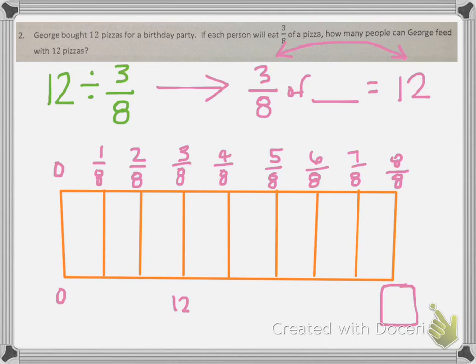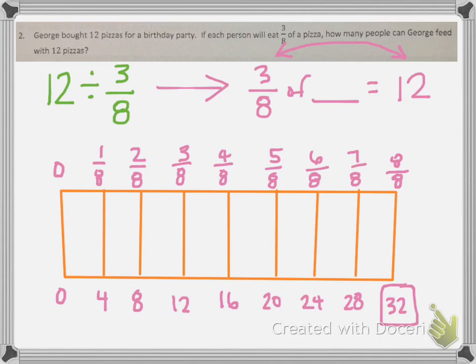So maybe this is 4 and 8 and 12. Oh, so it looks like I'm counting by 4. So this would be 16 and then 20 and then 24 and then 28. And finally I get down here to 32. So my answer is I'll be able to feed 32 people.